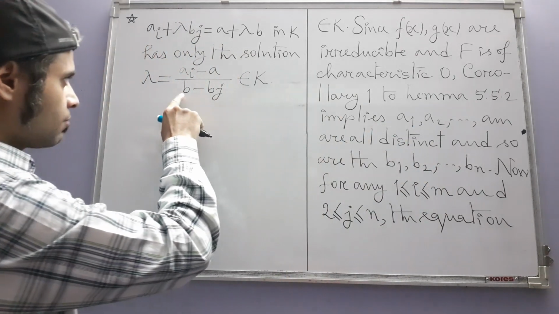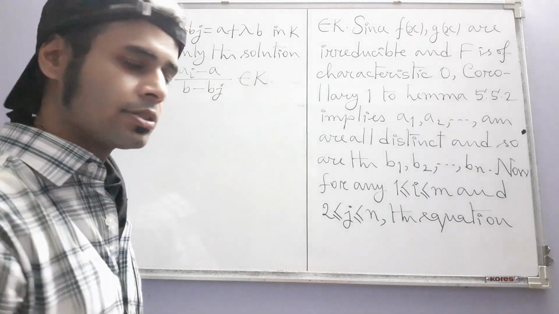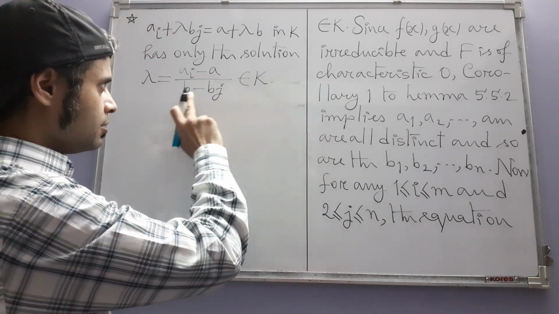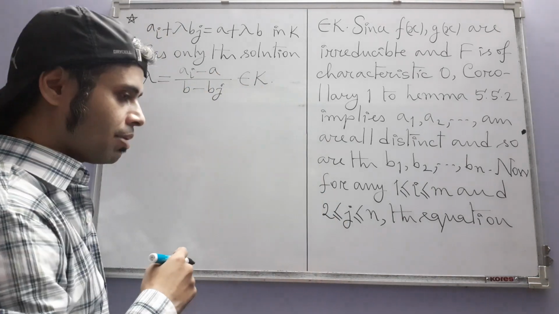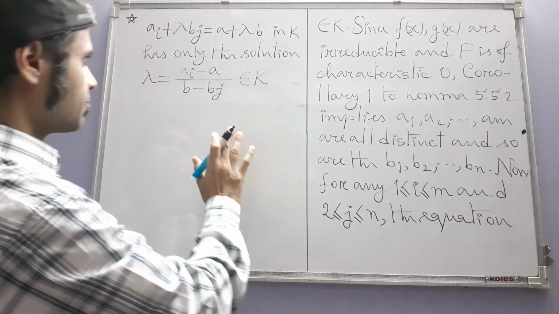So that's why we are able to divide by b minus b_j, because it's a non-zero field element, and dividing by this actually simply means multiplying a_i minus a by the multiplicative inverse of b minus b_j. That's what it means.